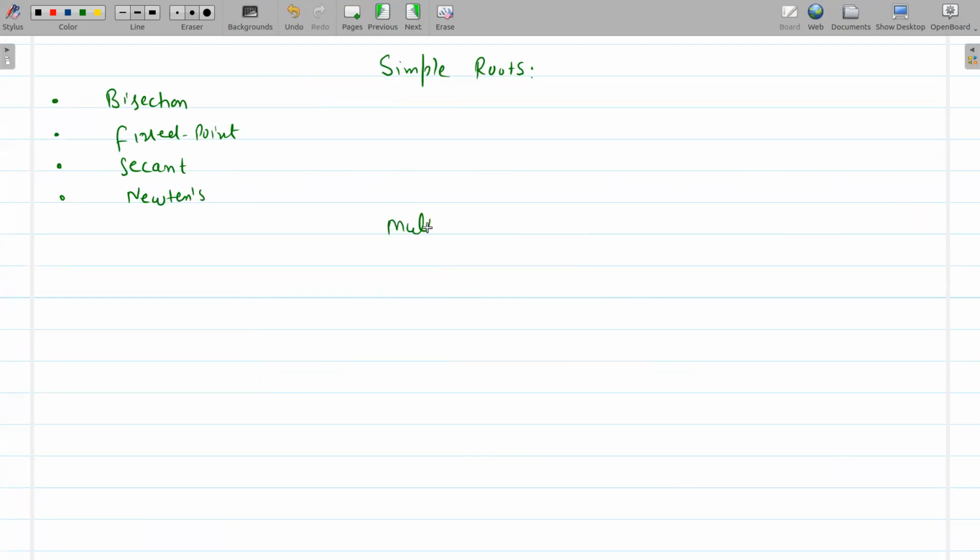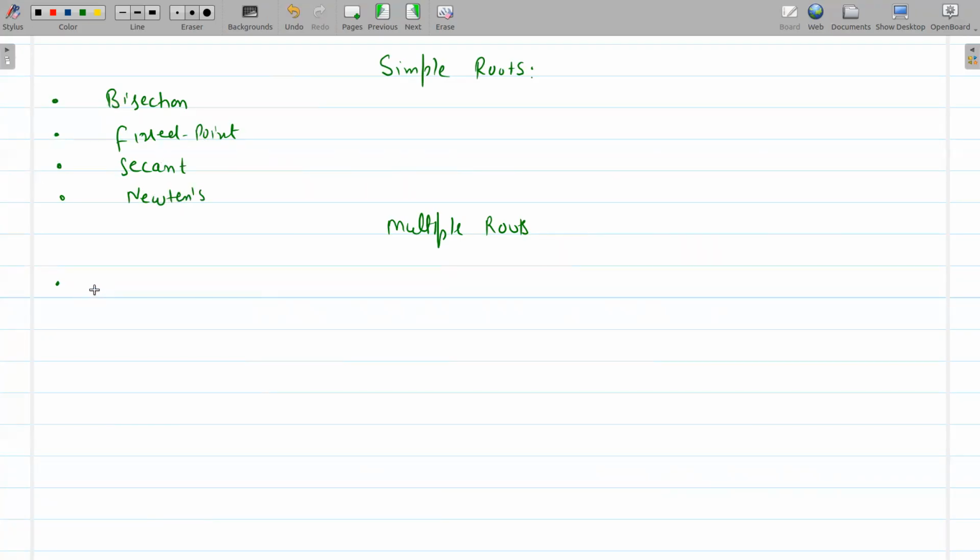And then I moved to multiple roots, and as you know, in bisection, if you are finding multiple roots, if the equation is always positive or always negative, then you cannot apply bisection. And fixed point and Newton are almost similar, and we don't give much weightage to secant. In secant, that ratio can be problematic sometimes. So fixed point and Newton are similar.